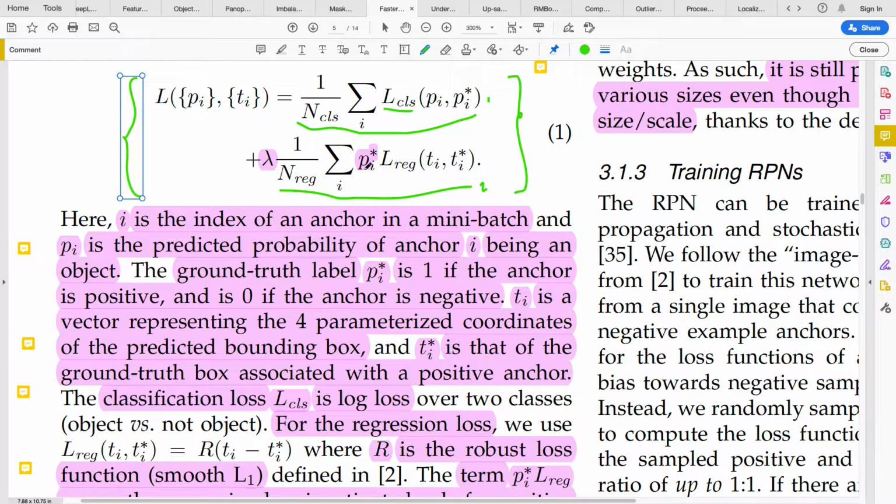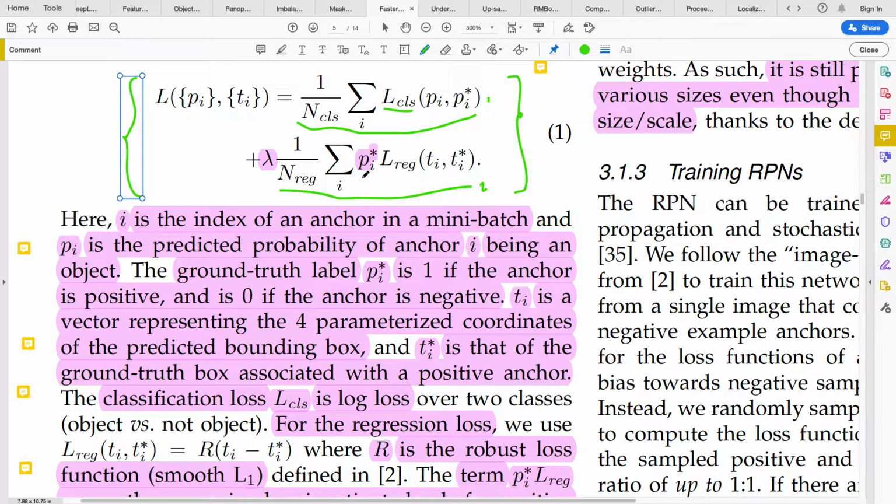Now, there's something interesting that they did here, which is that they multiply this loss with the ground truth probability. The essence of doing this is that there is no point doing any work measuring the loss when the particular instance of the bounding box does not contain the object of interest.